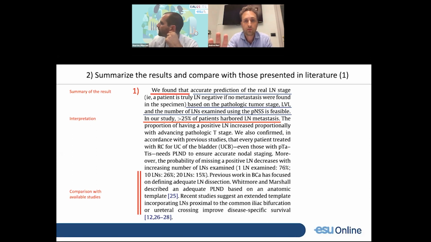So the authors found the accurate prediction of real lymph node stage based on pathological tumor stage, LVI, and number of lymph nodes examined using the NSS is feasible. Then they interpret the results, and afterwards they compare with available studies.